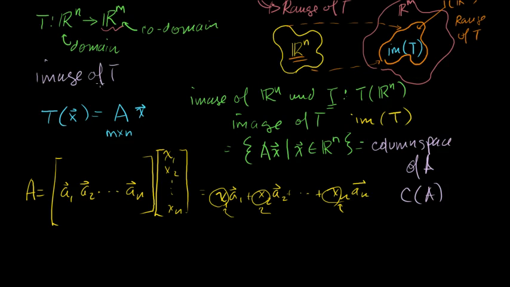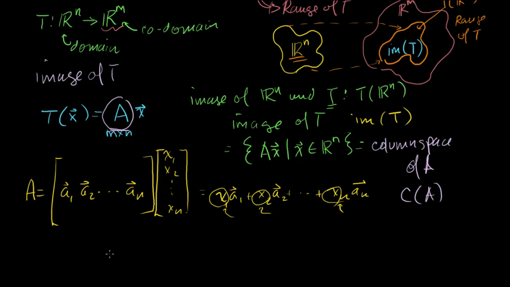And so the image of any linear transformation, which means the subset of its codomain, when you map all of the elements of its domain into its codomain, this is the image of your transformation. This is equivalent to the column space of the matrix that your transformation could be represented as.